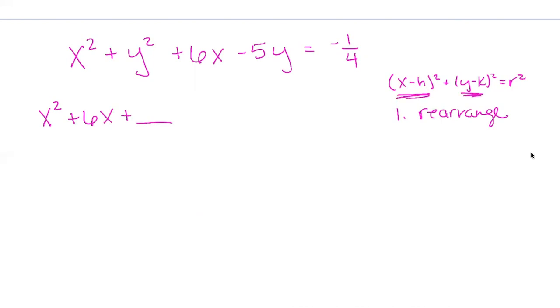Then we're also going to put our y's together: y squared minus 5y, plus something. That's still equal to our negative 1/4. But if I put 2 blanks on the left-hand side, I also need to put 2 blanks on the right-hand side.